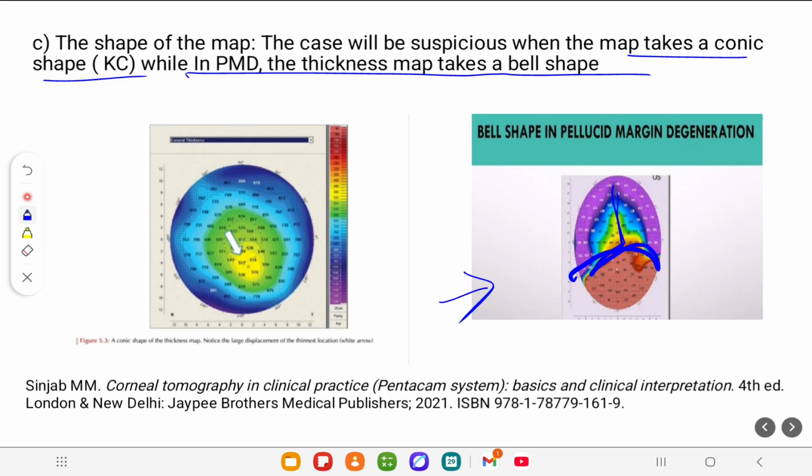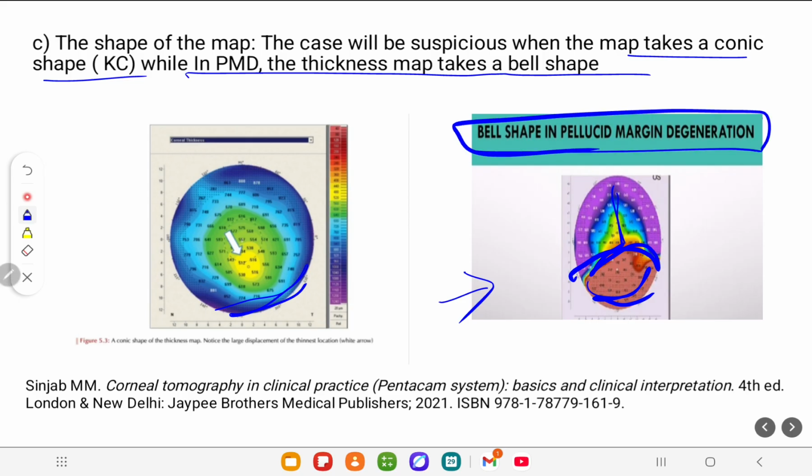So just understand topography: in keratoconus there is nothing bad in the periphery, but in pellucid marginal degeneration, on the thickness map the periphery is thinner. That's why the bell shape on the thickness map is the hallmark of pellucid marginal degeneration. Okay, don't say kissing pigeon pattern or crab claw pattern.